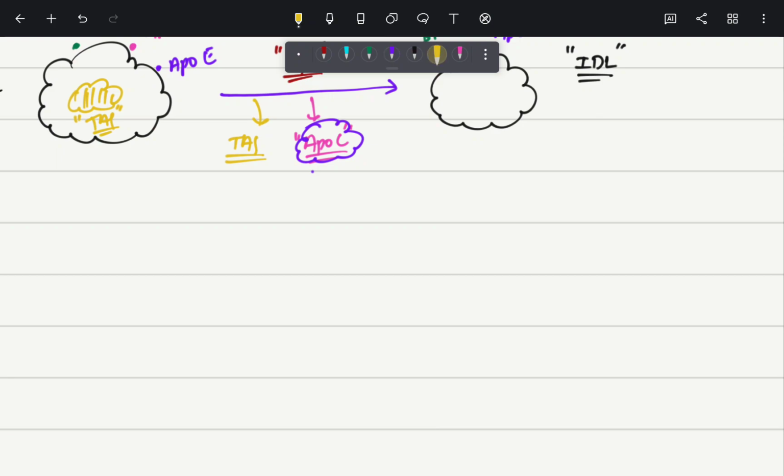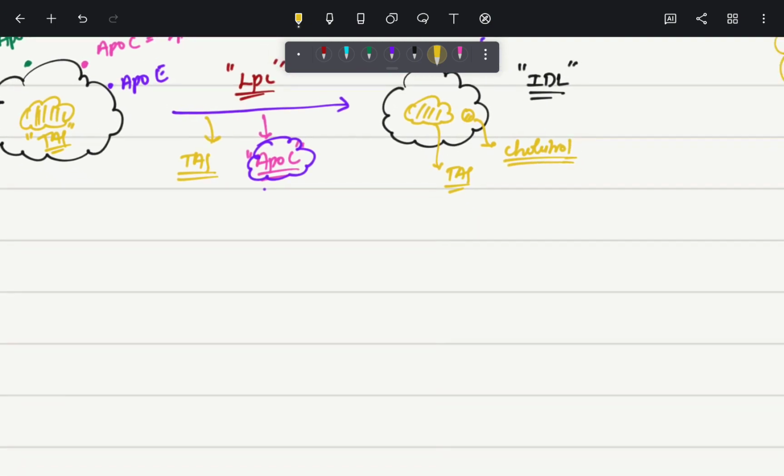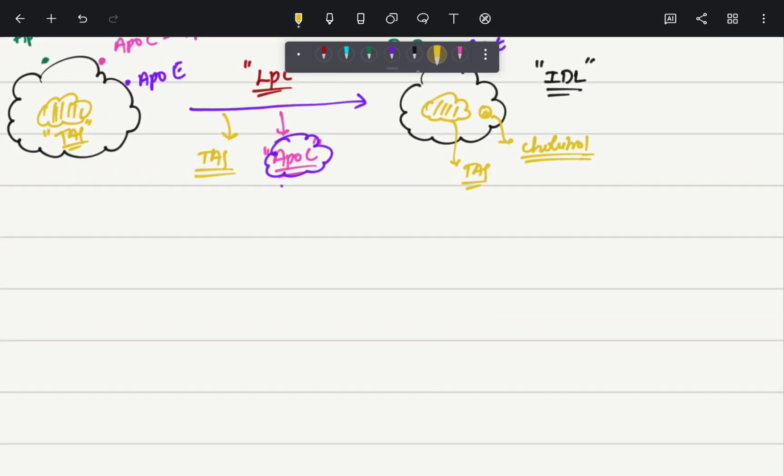The intermediate density lipoprotein will have little bits of triacylglycerols and cholesterol as their lipid content. I hope you are clear with this.